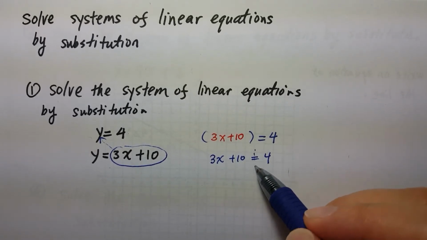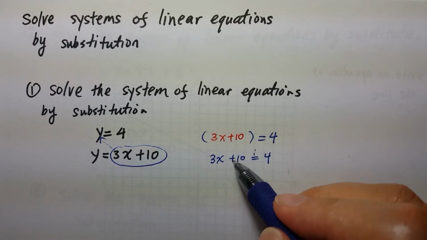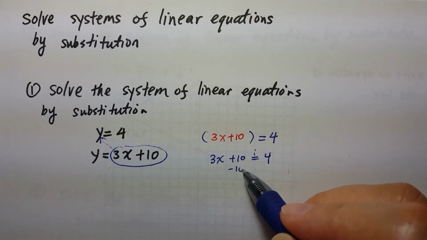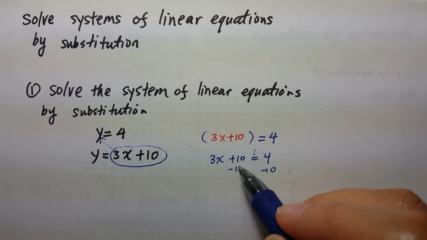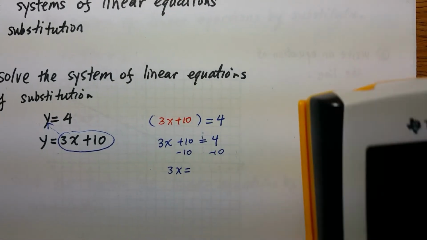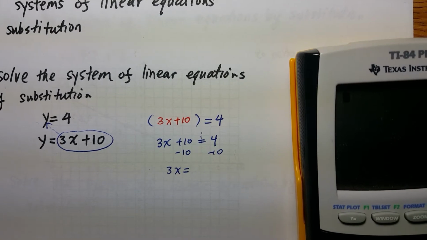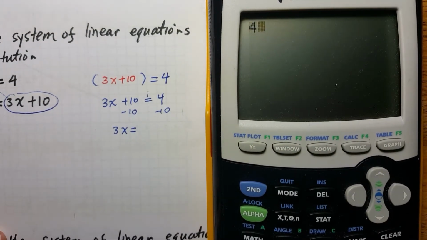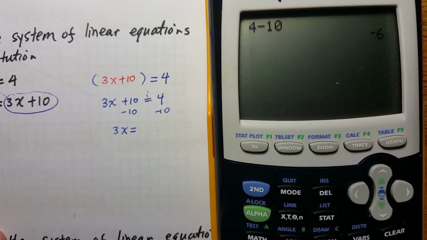So this is a two-step equation. We do inverse operation: plus 10, so you minus 10 both sides. The 10 and plus 10 cancel, and you get 3x equals. Next, we use our calculator: 4 minus 10 equals negative 6.